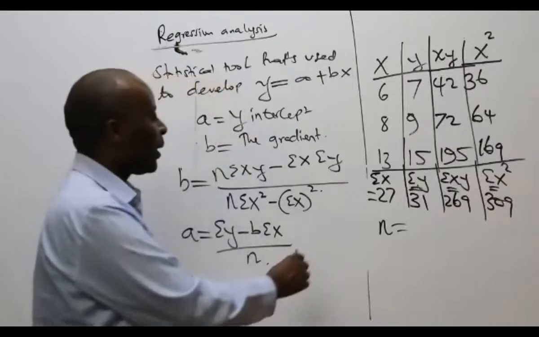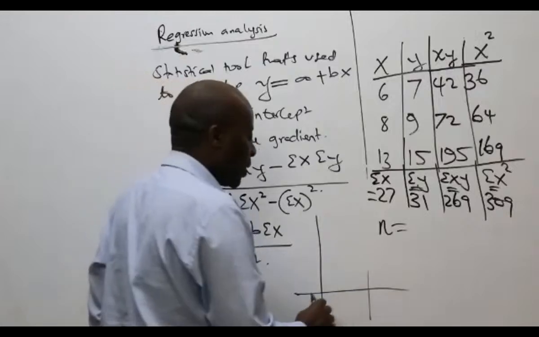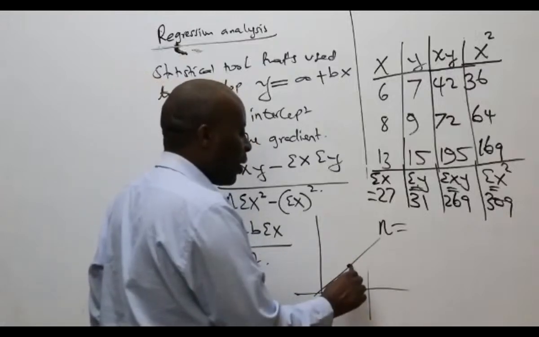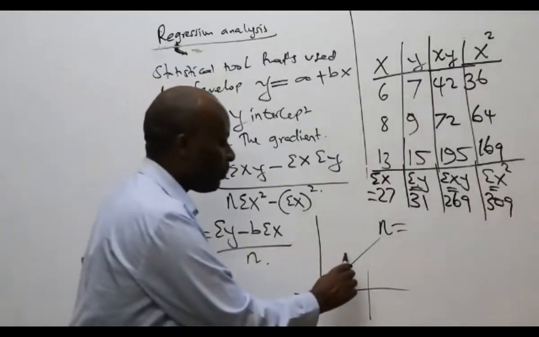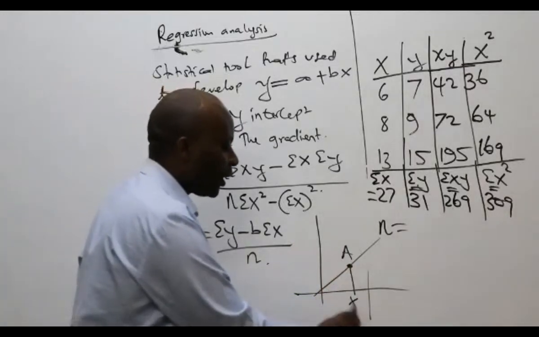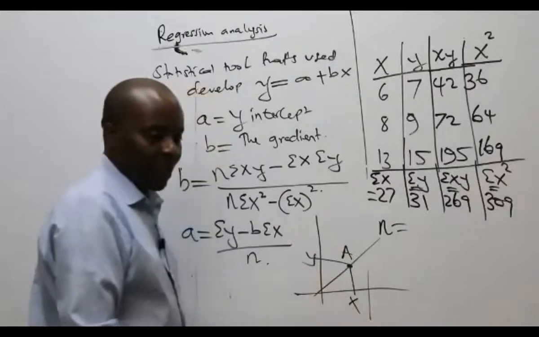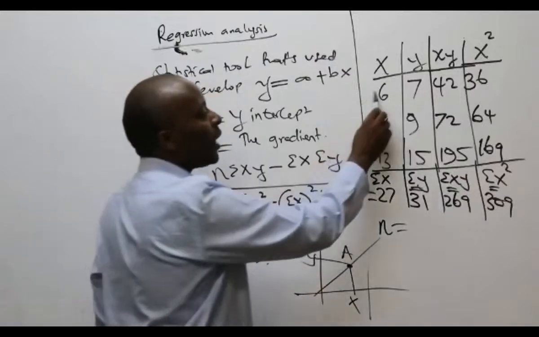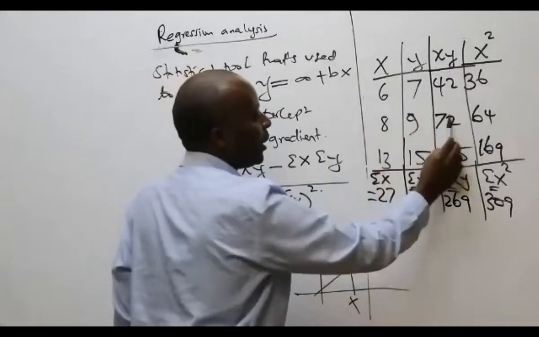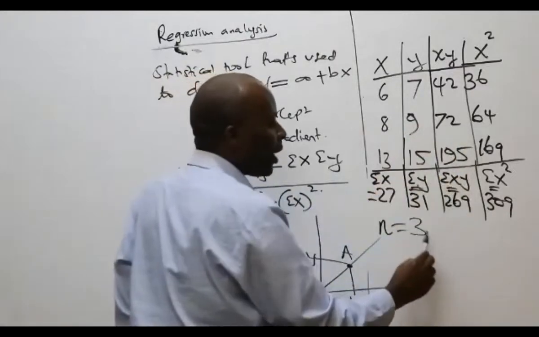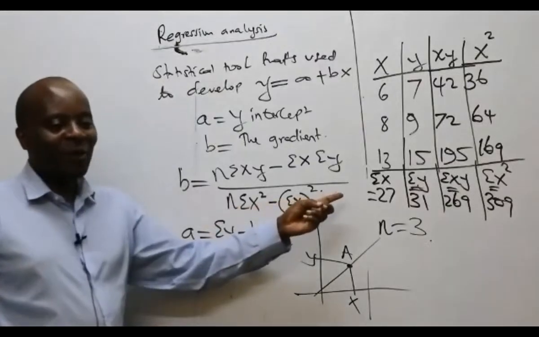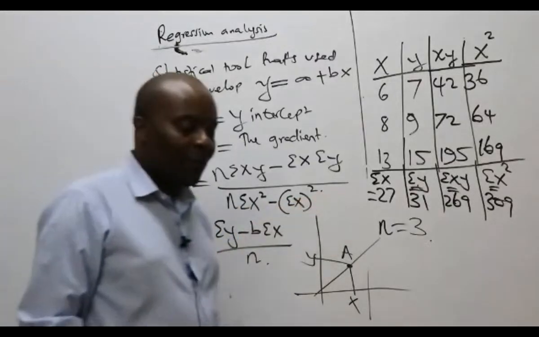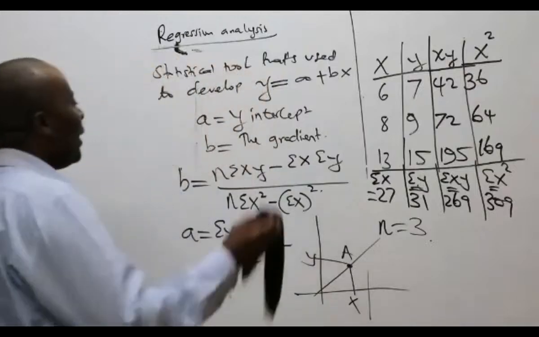Remember on a Cartesian plane, this is how our points look. If this is point A, it has an x coordinate and a y coordinate. So this is point number 1, point number 2, point number 3. N is 3. Please don't count the totals.